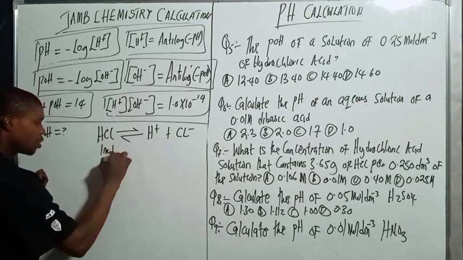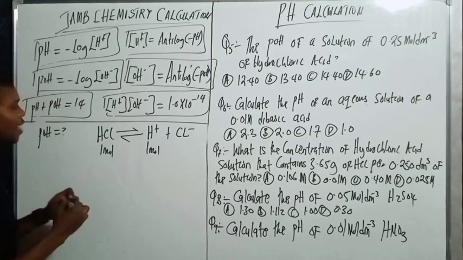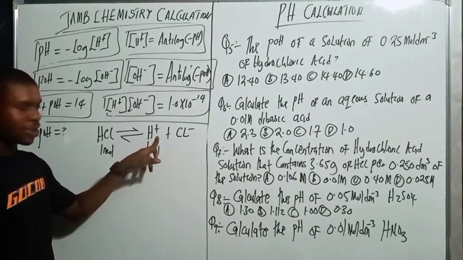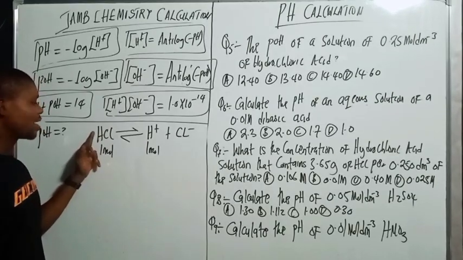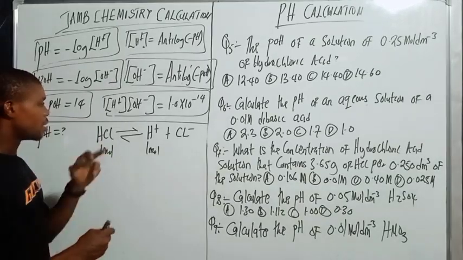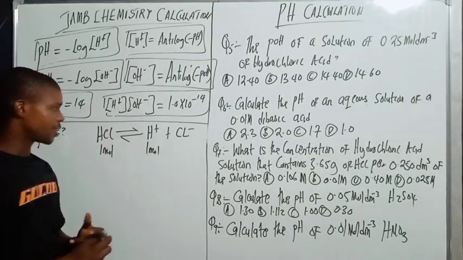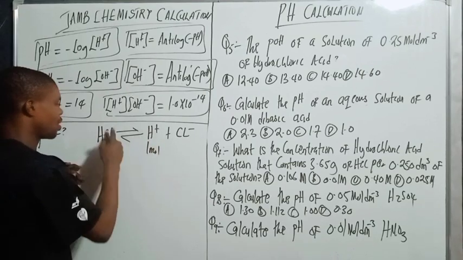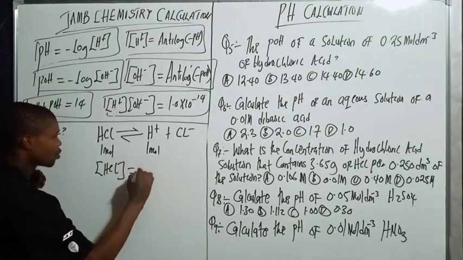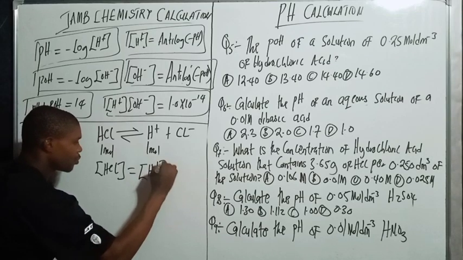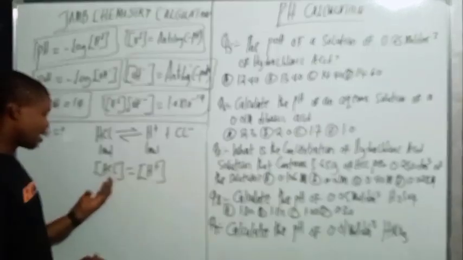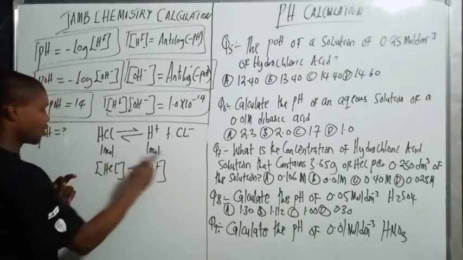Whenever the mole of H plus is the same as HCl, the concentration is going to be the same. So the concentration of HCl equals the concentration of H plus, because they have the same mole.